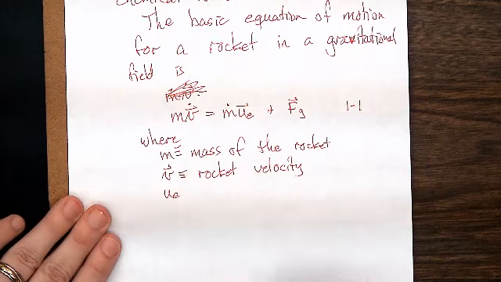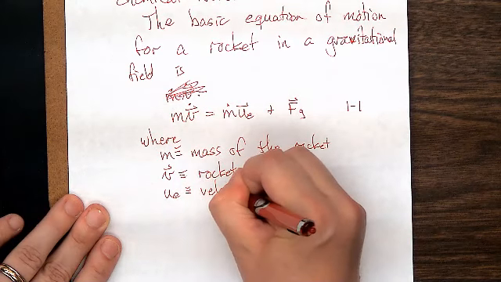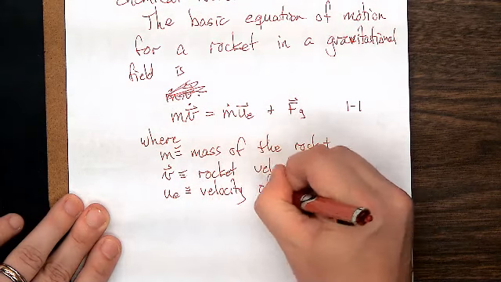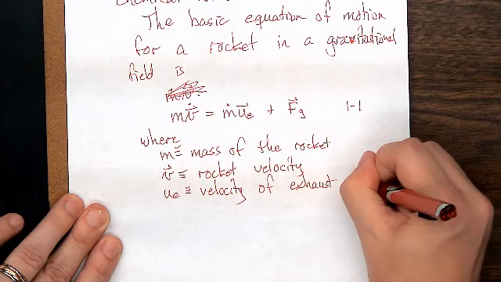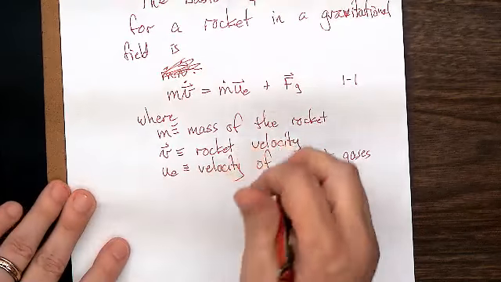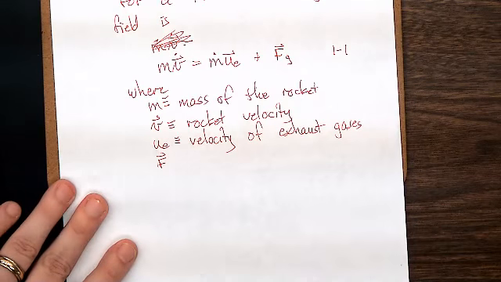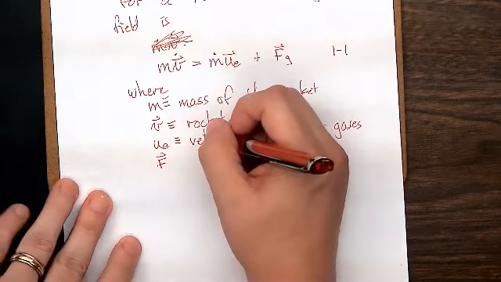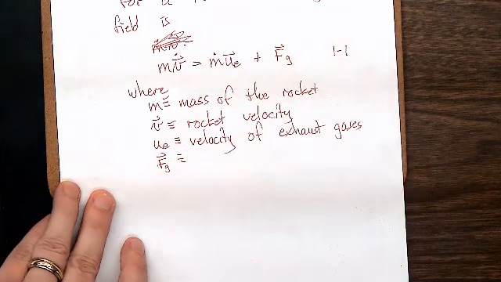UE is the velocity of the exhaust gases. And F vector is the local gravitational force.